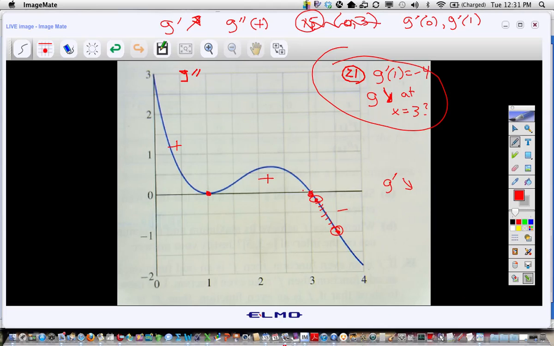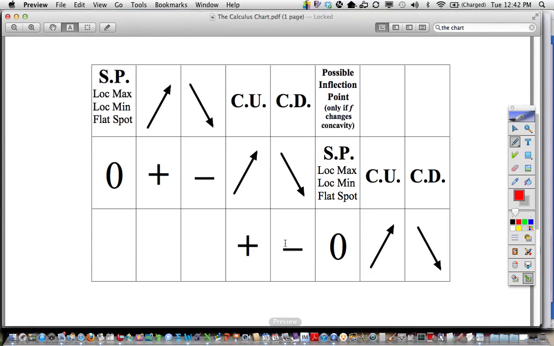As a matter of fact, if I go look at the chart here, and G decreasing, I've got nothing on G double prime, right? It's empty. So for G decreasing, I've got nothing here for G double prime. The only thing I know is if G's decreasing, what? G prime's negative.